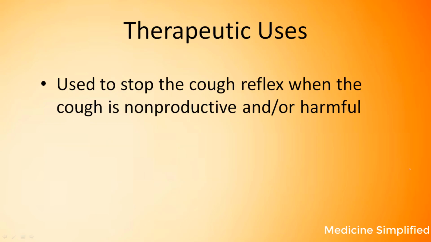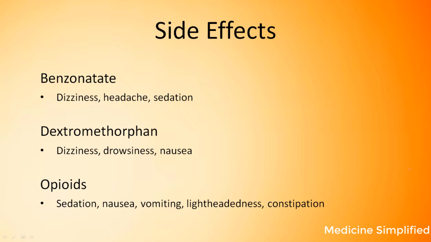Coming to the uses, they are used to stop the cough reflex when cough is non-productive and harmful. Coming to the side effects, benzonatate causes dizziness, headache and sedation. Dextromethorphan causes dizziness, drowsiness and nausea. Opioid antitussives cause sedation, nausea, vomiting, lightheadedness, constipation.